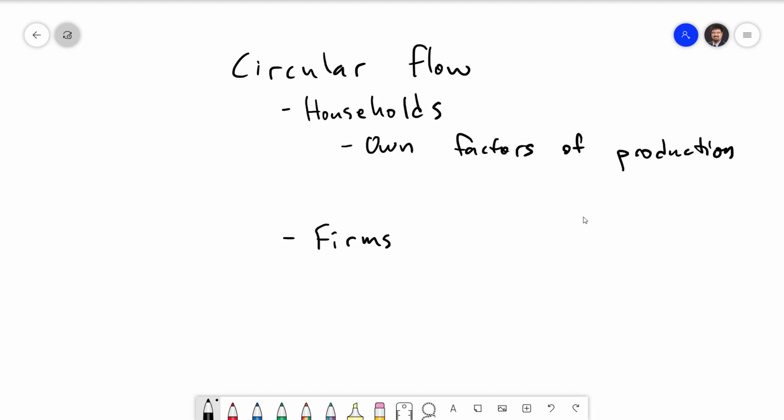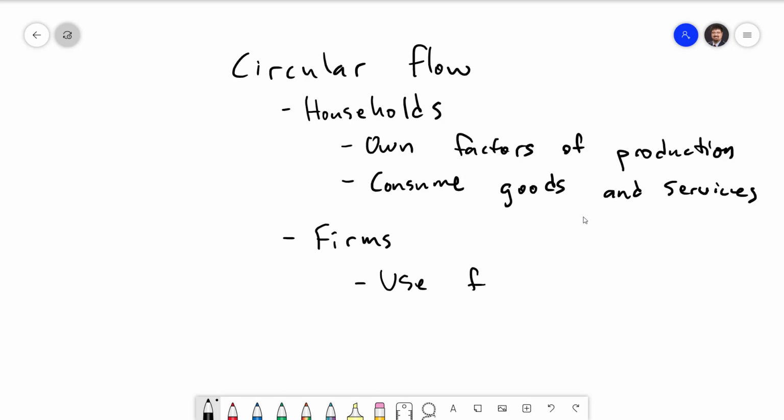At the same time, households consume goods and services. On the other side of things, the firms use the factors of production to produce goods and services.